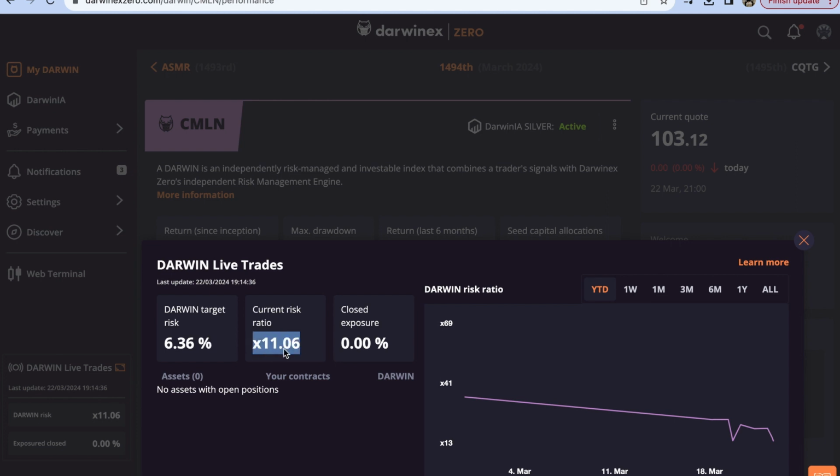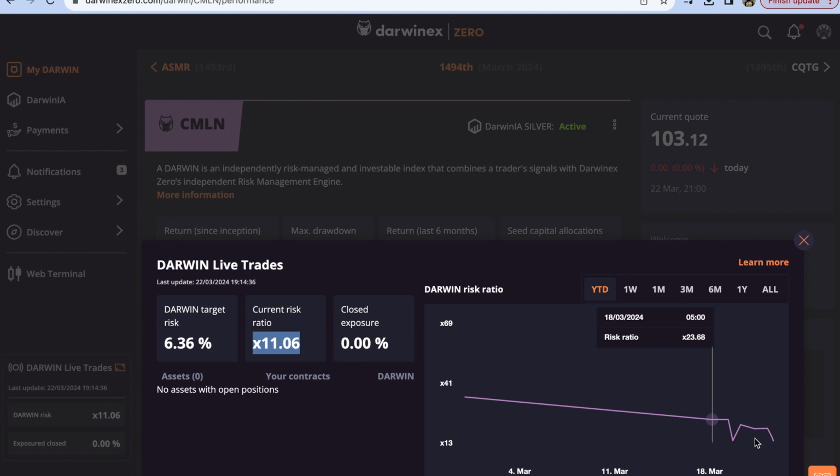Because I was trading on a 0.01 for the past 30 days, the Darwin risk engine said, okay, in comparison to the S&P 500 or whatever the case is, we're going to increase your risk by 26x, right? It was by 26x. But then when the Darwin was created the past couple of days ago, I increased my risk to like a 0.5, and ever since then my risk has just been going down. But it is what it is.